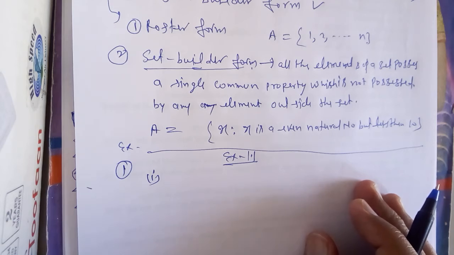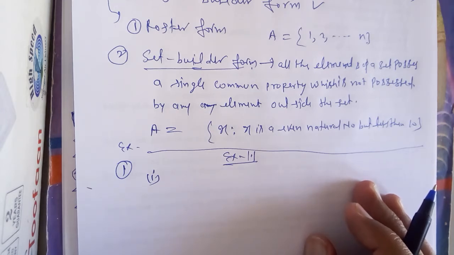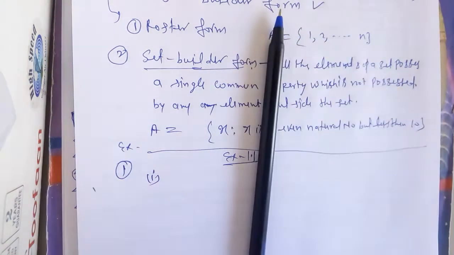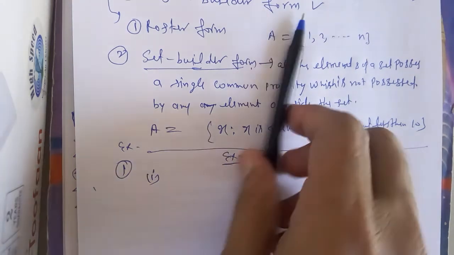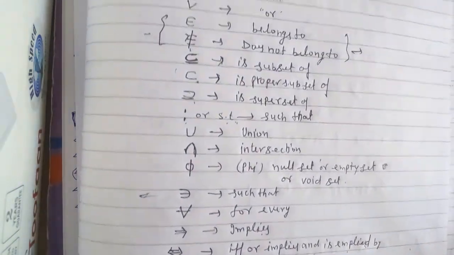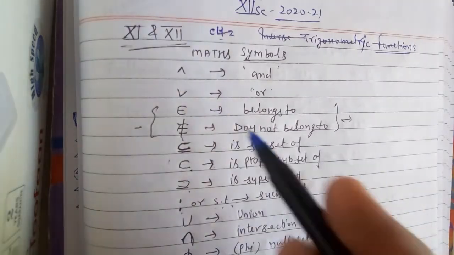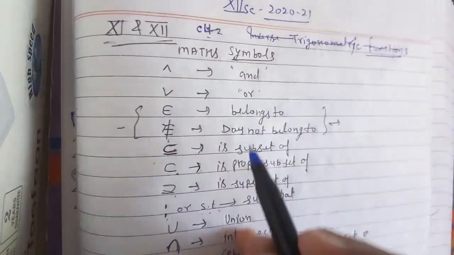I already made a list of the symbols: belongs, does not belong. These also belong in 11th and 12th class.